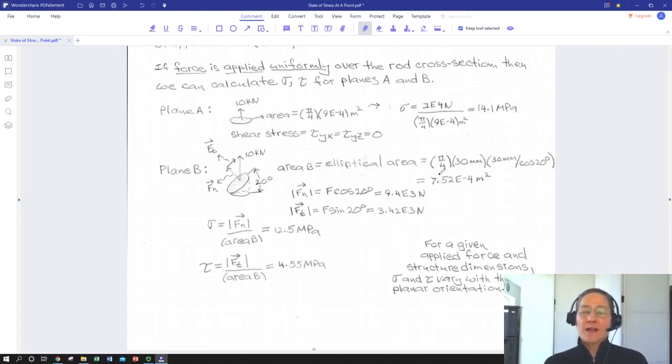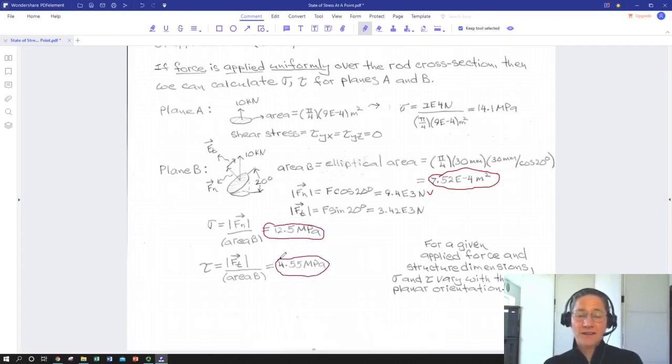So we have a little bit bigger cross-sectional area, so to get the shear and normal stresses on this tilted plane, we're going to divide our normal and tangential forces by this larger area, and we end up getting a normal stress of 12.5 megapascals and a shear stress of 4.55.